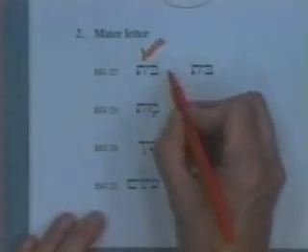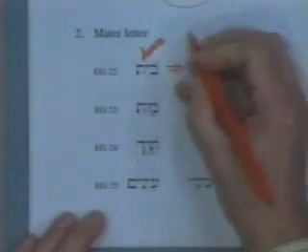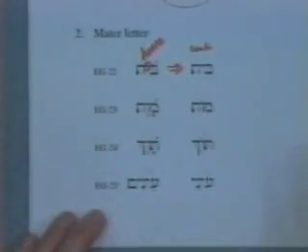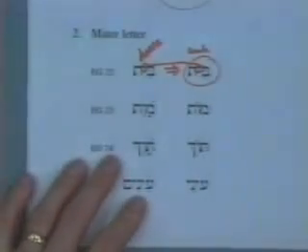Bayith. But when these become construct, the mater letter, or the consonant that could be a mater letter, actually becomes a mater letter. So the construct form of bayith is bayt. Now, you're more familiar with this word, aren't you?